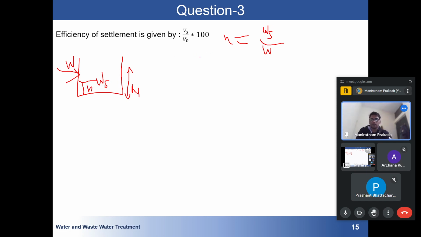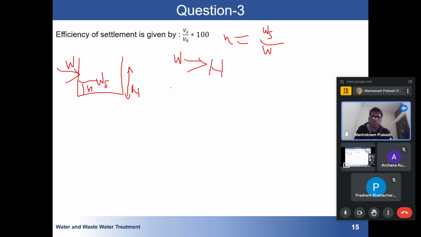Suppose you have designed your settling time in such a way that all the solid coming into the system will settle down, then that will occupy a length of H. Now as only a limited amount of particle is settling down in your system, it will only consume one height h. So W is equivalent to capital H.